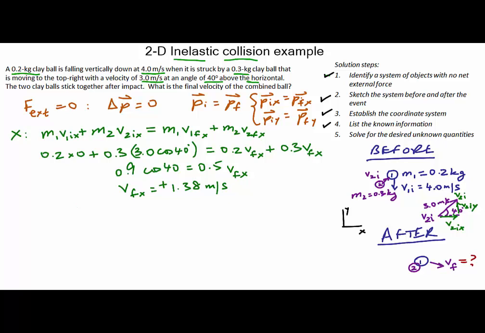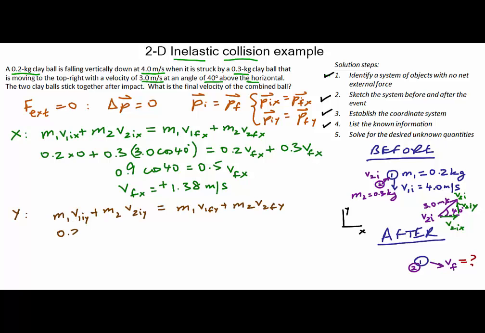Okay, we're done with the x component, so we know the x component of the final velocity when the two balls stick. So now moving on to the y component, I have m1 v1iy plus m2 v2iy equals m1 v1fy plus m2 v2fy. Now that we have the equation set up, we can put in the values.